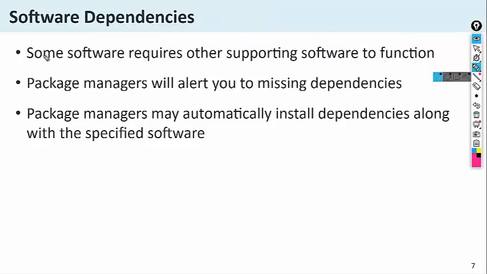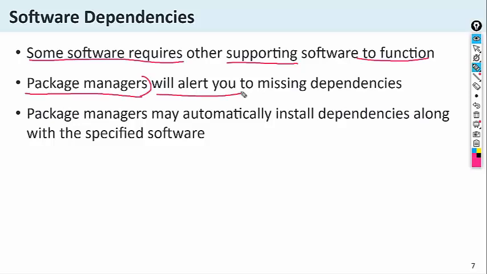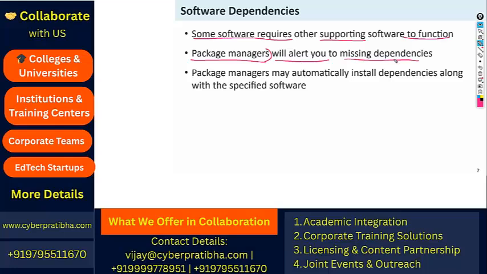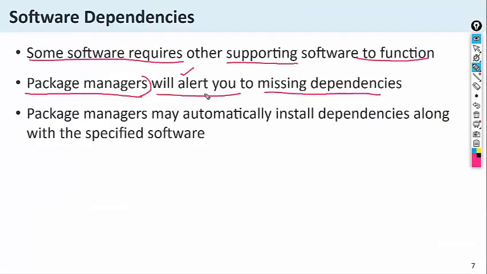So does it mean some software requires other supporting software to function properly? The package manager will alert you to a missing dependency. When you install any software and a dependent software is missing, it will display an alert. So by following the alert, you can install the dependency software as well.